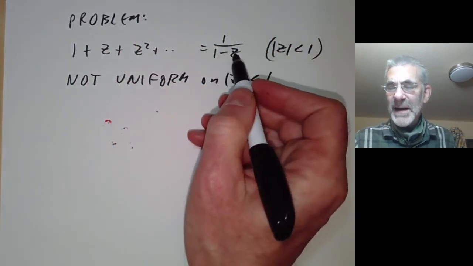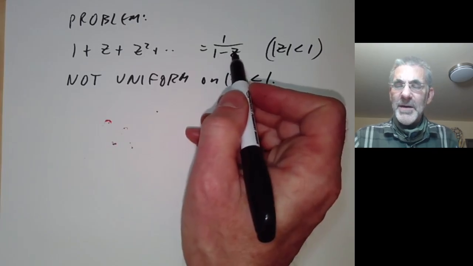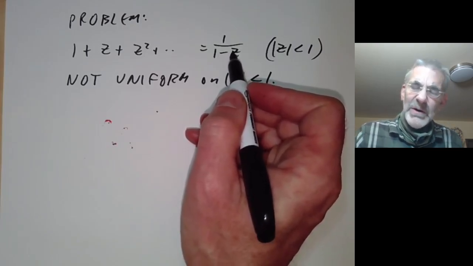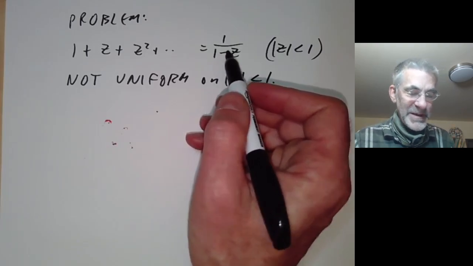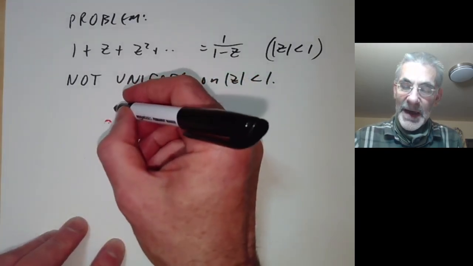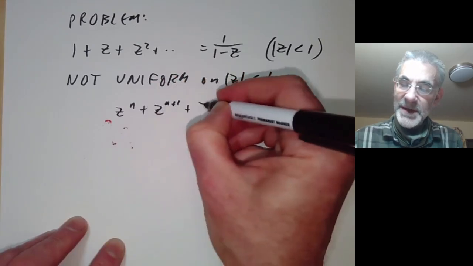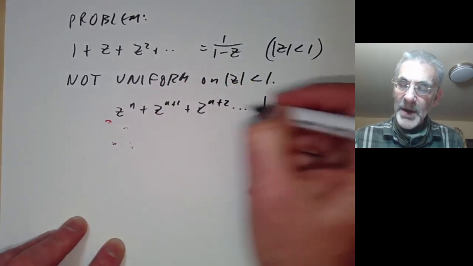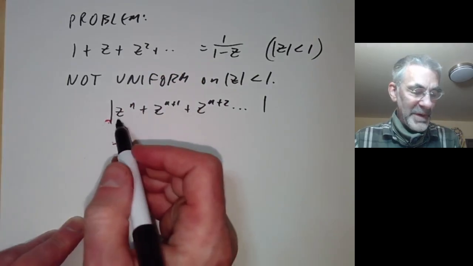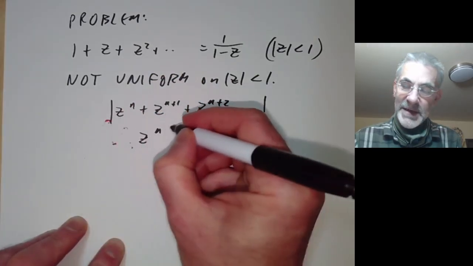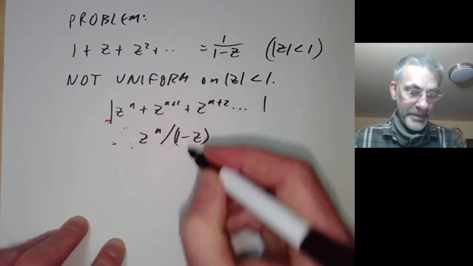The trouble is, as z gets closer and closer to 1, the convergence gets slower and slower and sort of less and less uniform. I mean, if we look at the error, z to the n plus z to the n plus 1 plus z to the n plus 2 and so on, and we sort of want this to tend to 0. Well, this is equal to z to the n over 1 minus z.